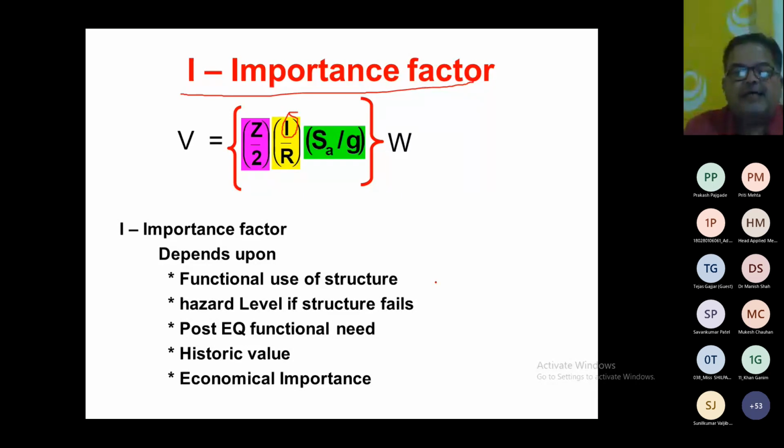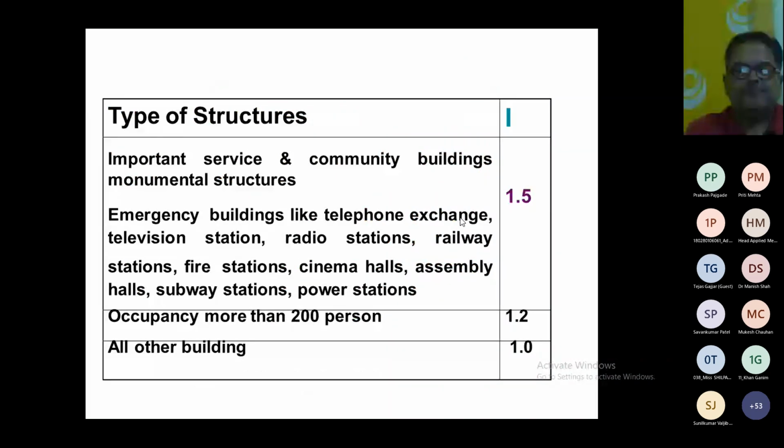If we are creating a heritage or historical structure, then definitely we have to design for a higher value of earthquake force. Functional use, for example TV towers and other important structures like railway stations, should remain functional after the earthquake. Therefore, this importance factor is given in this way.